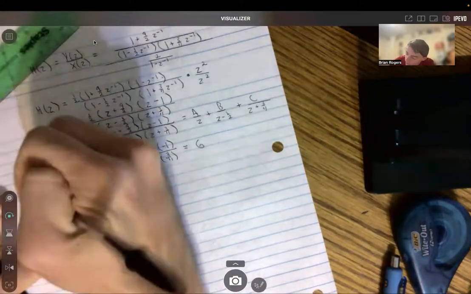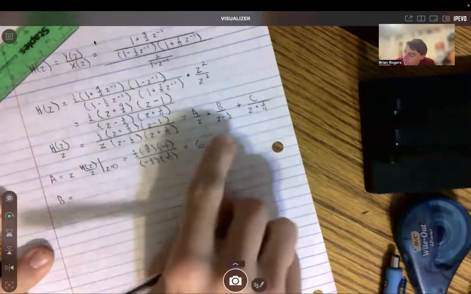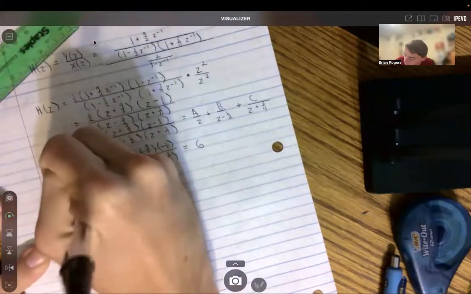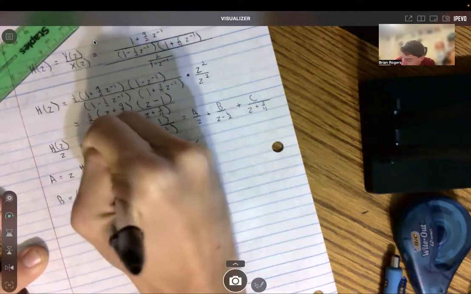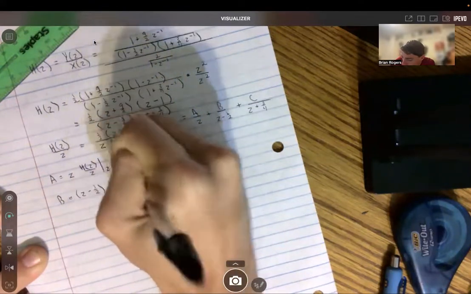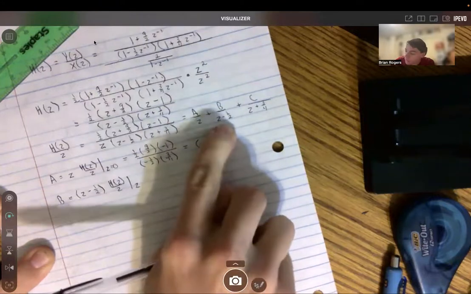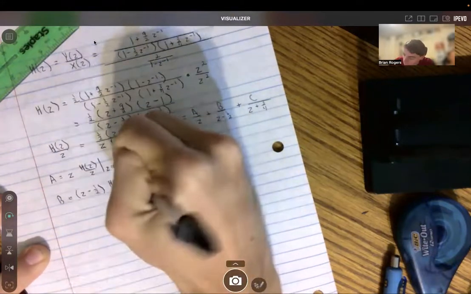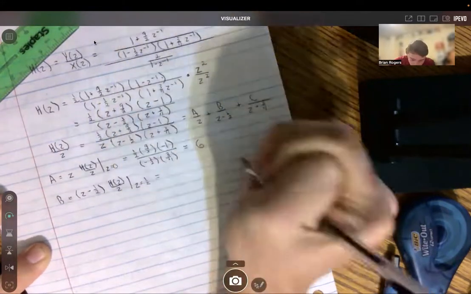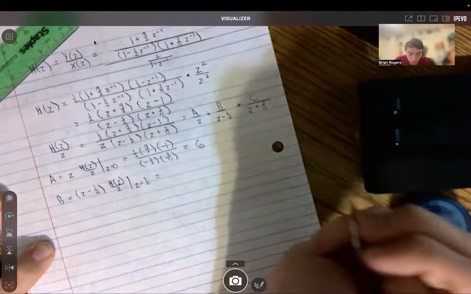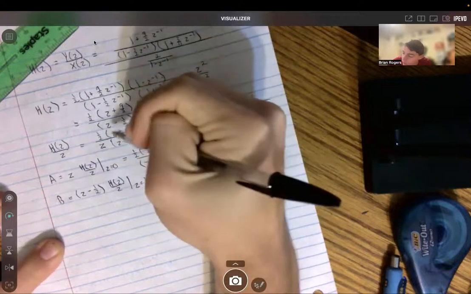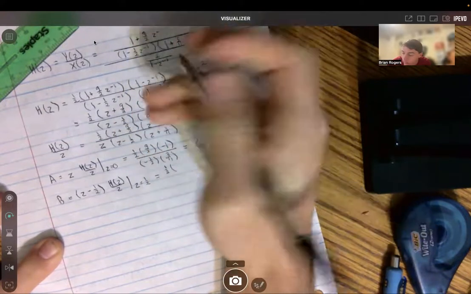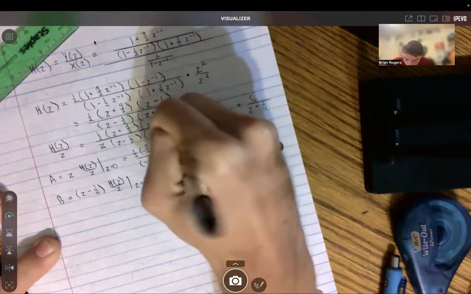Now let's solve for b. Our b is going to be equal to, and then we're going to multiply by z minus 1/2 h of z all over z. And then substitute in for z, what will make this denominator cancel? z equal to 1/2. And so that's going to be equal to 1/2 times, and then here 1/2 plus 9/2, that's going to be 10/2, which is 5.